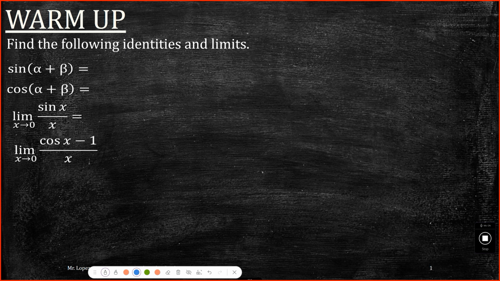Okay, so sine alpha plus beta is gonna equal sine alpha times cosine of beta, and then it's going to be plus cosine of alpha times the sine of beta.